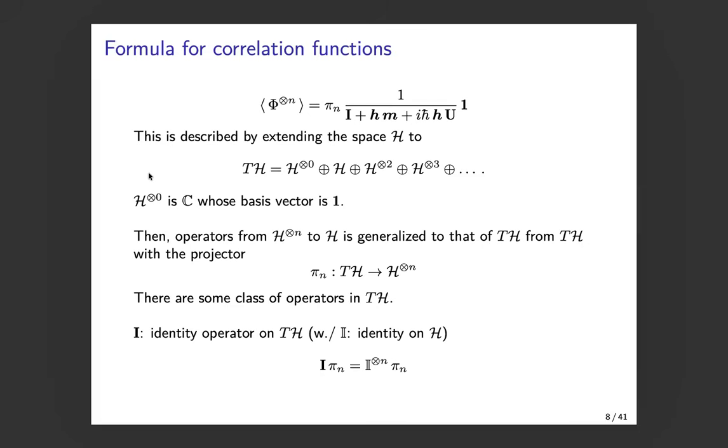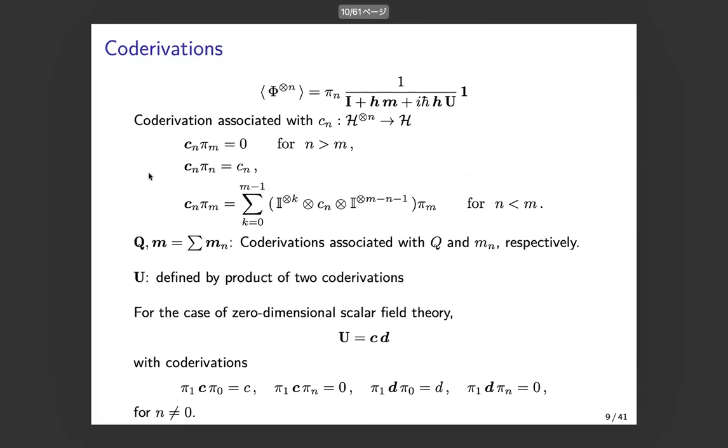Then we consider some classes of operators on TH. One is the identity operator on TH. This is just the identity operator, and we denote the identity on H by I, and by using this, we define the identity on TH like this. The important operator is called the co-derivation.